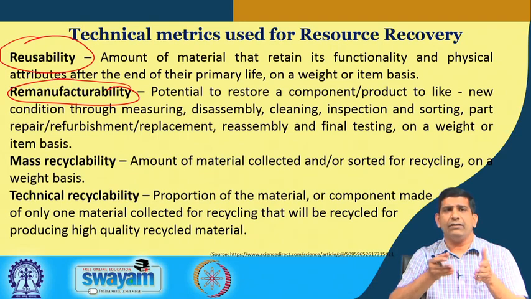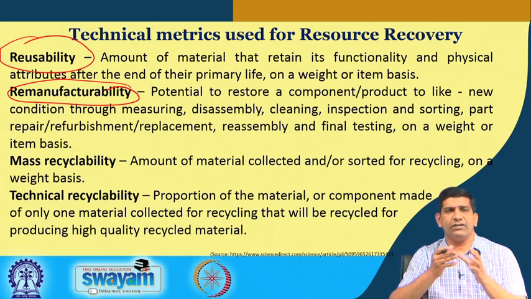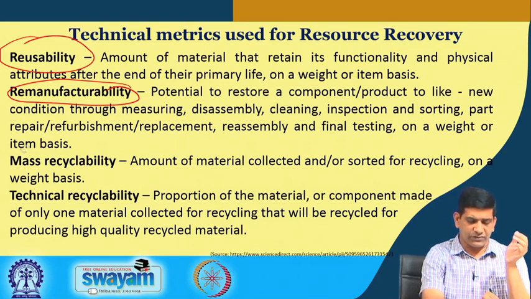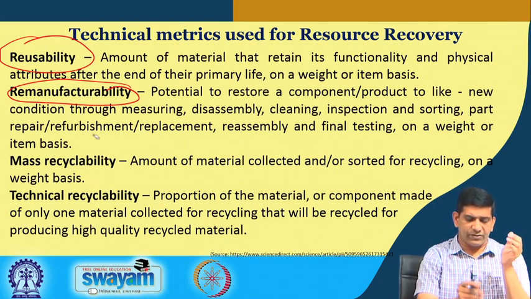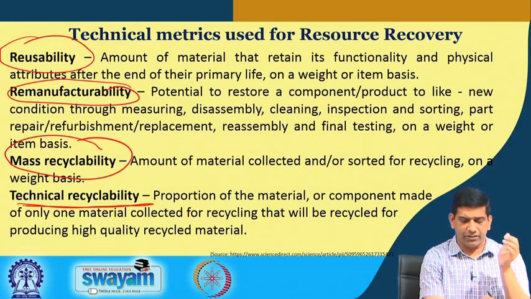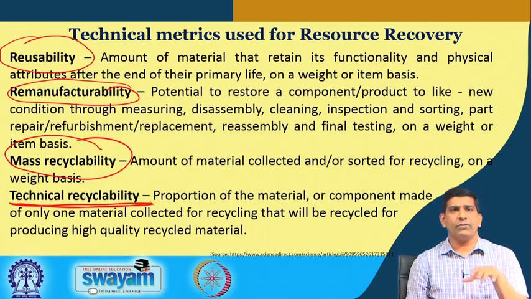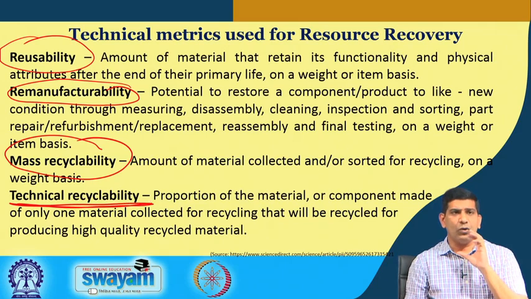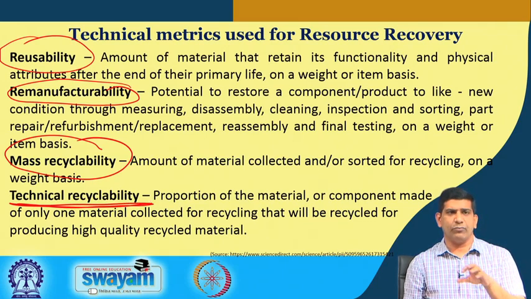Mass recyclability is the amount of material collected and sorted for recycling on a weight basis. So how much material is there. Technical recyclability is the proportion of the material or component made of only one material, collected for recycling, that would be recycled for producing high quality recycled material.